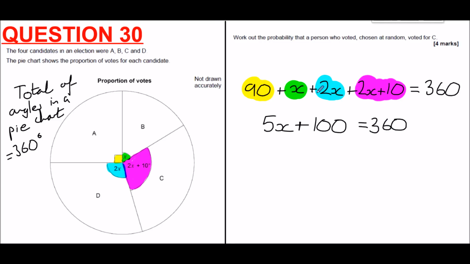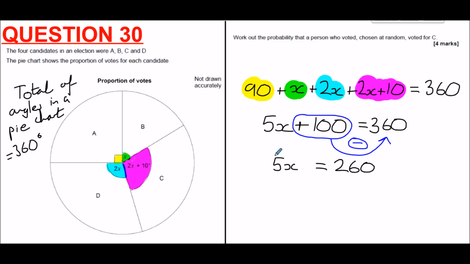This is now an equation we need to solve. We want to have x on its own, so what we need to do is take this plus 100 to the other side of the equation, and when we swap the side, we swap the sign to a minus. And so now we're going to have 5x's equals 360 take away 100, which is 260.